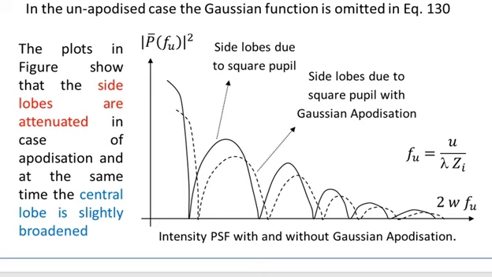Note one more thing, that the height of the main lobe is greater for the unapodized case than for the Gaussian apodization. The dotted line has a lower height as compared with the solid curve when we are looking at the main lobe. This is what happens with the Gaussian apodization.